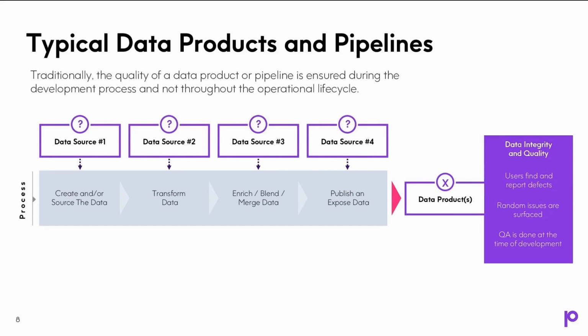And the result is the same: a stakeholder finding the issue, reporting it to the creator of the pipeline and the analytics, and having to go back into the life cycle of resolution. Modern data and DevOps are great at implementing quality at the time of development, but often neglect this repeatable process that happens every day to generate the products that their business users, stakeholders, or customers are using.